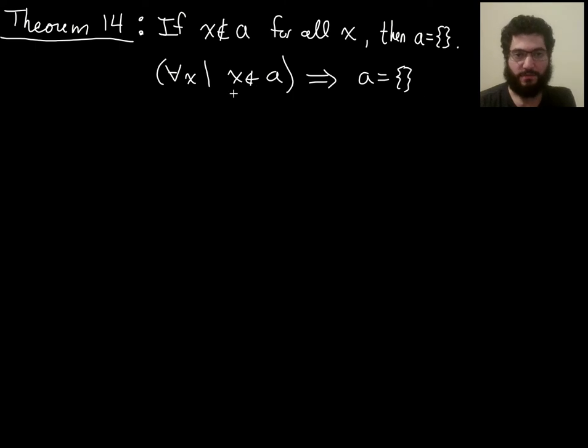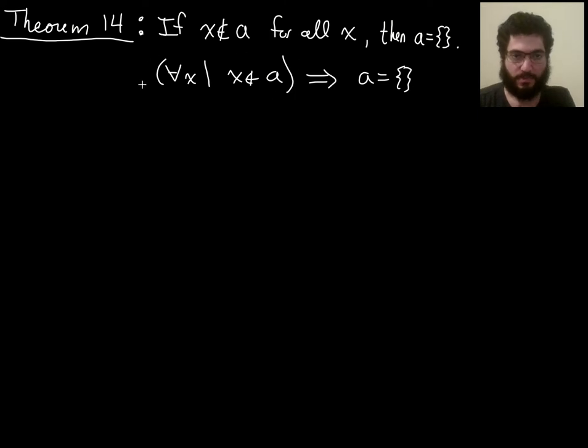In other words, if A has nothing in it, then A is the empty set. So this is a way of saying that the empty set is the only empty set, if you think of empty as meaning has no elements.